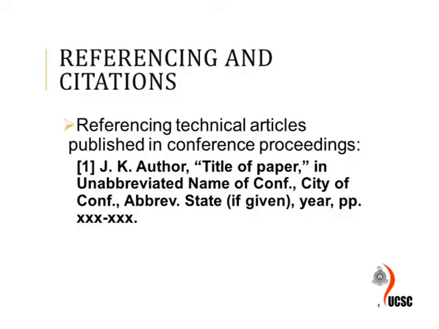And at the same time, when you are referencing articles, you need to follow a particular format, especially when you are referring to a conference proceeding. There you have to first write the author, then the title of the paper, then the relevant conference name and the page numbers and things like that.